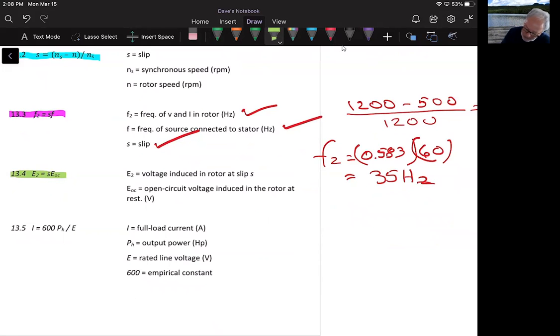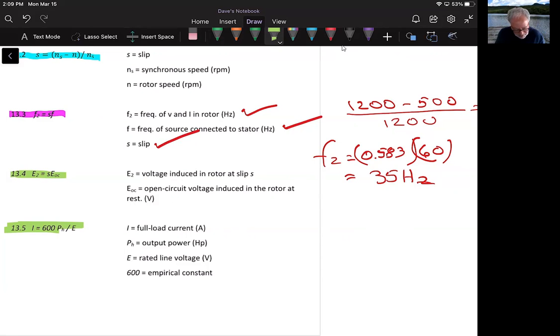And then the last equation here, a neat equation, gives us a way to estimate the full load current. What that means is if you have a 10 horsepower motor and you want to know what the current would be when it is supplying 10 horsepower, then this equation gives us a very reliable estimate. Okay, so that's a really useful equation.